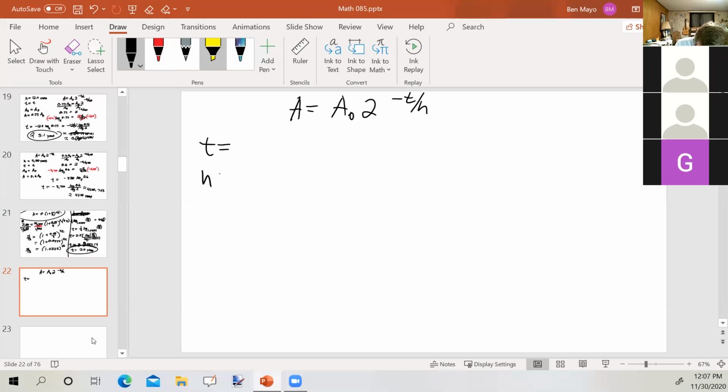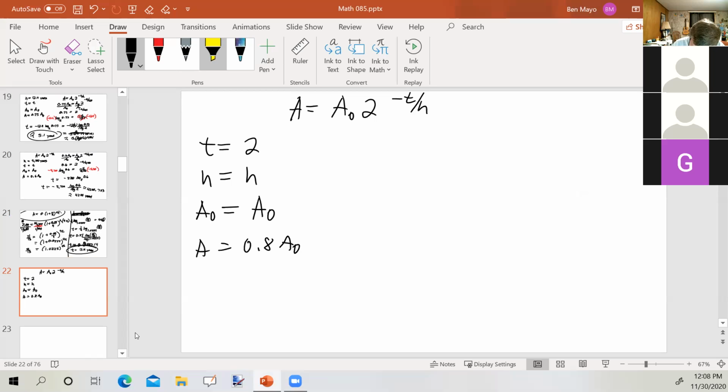We've got T and H and A sub 0 and A. In 2 years, so the time is 2 years, 20% of a radioactive element decays. So the starting amount is A sub 0, 20% decays, so the ending amount would be 80% of the starting amount, or 80% of A sub 0. Okay? Yes. And the unknown is the half-life.